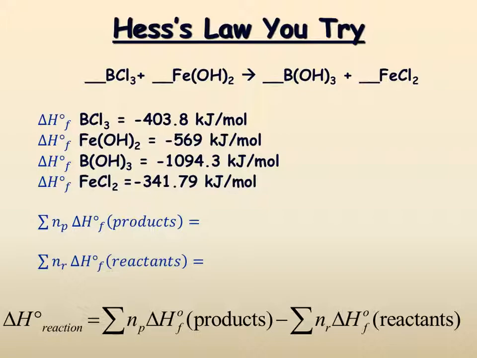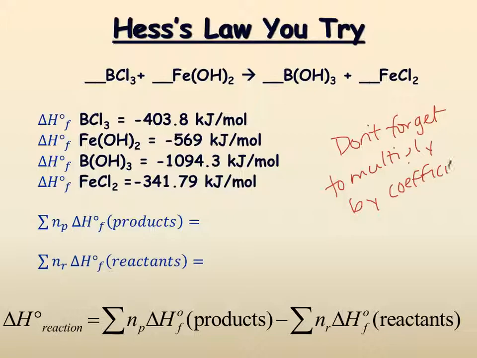Okay, big hint to you, don't forget to multiply by the molar ratio numbers, or those coefficients. Okay? That's probably going to be the easiest thing to forget when it comes down to doing these.